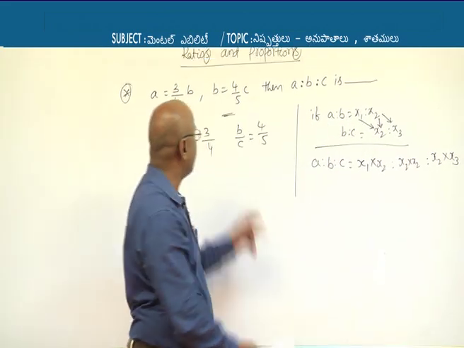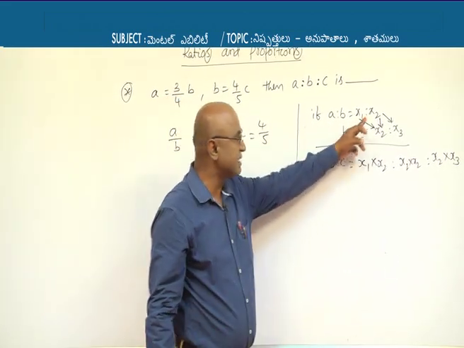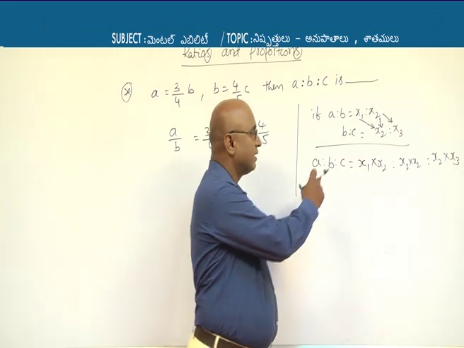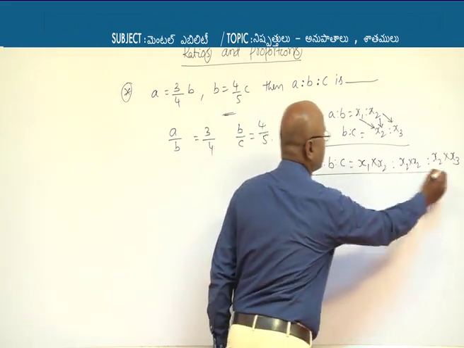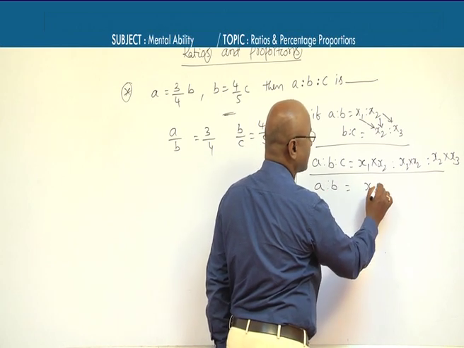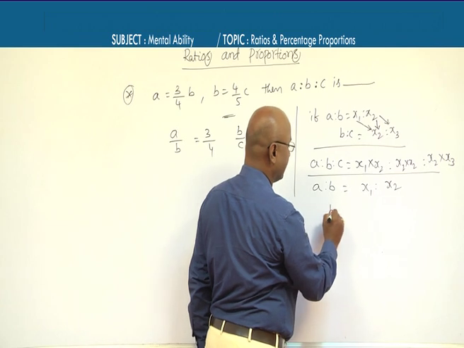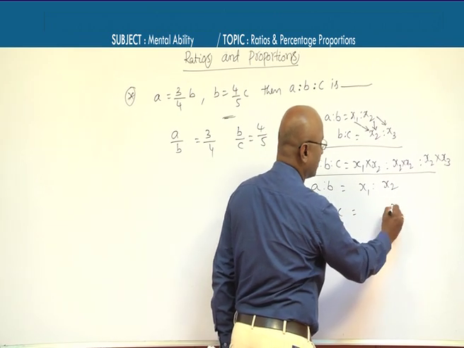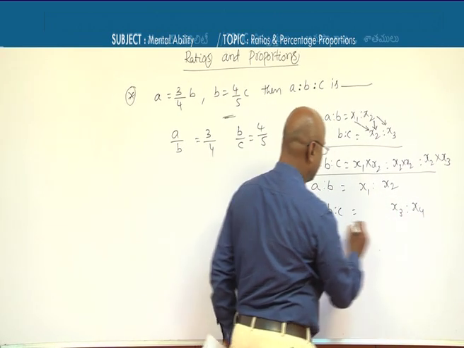Here x2 is the same, that is why I have written it as x2. Otherwise, the same can be written as: A is to B is equal to x1 is to x2 and B is to C is equal to x3 is to x4.